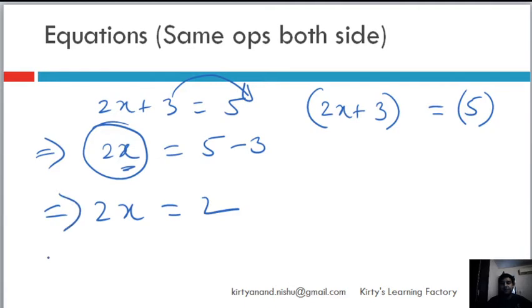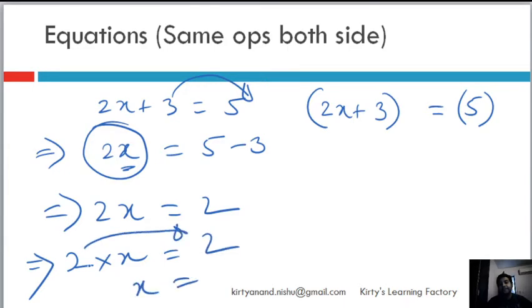Now this we know is 2 into x, yeah, equal to 2. So when I will move 2 to this side, here it is in multiplication. When it comes to this side, it will be in division, right? So this 2 has basically come here. So the value of x will be 1. That's how we solve equations.